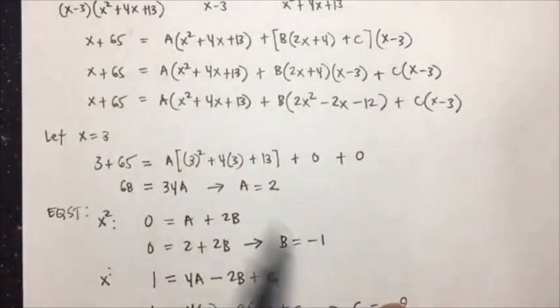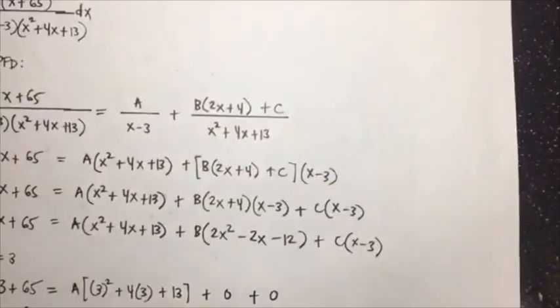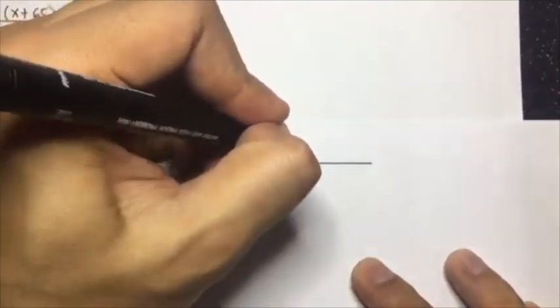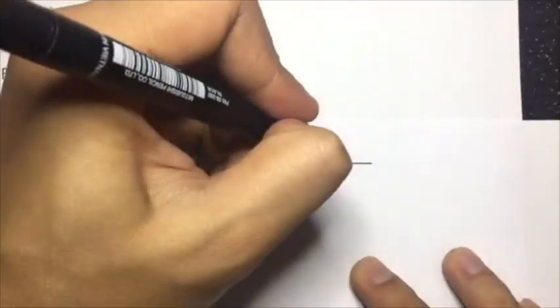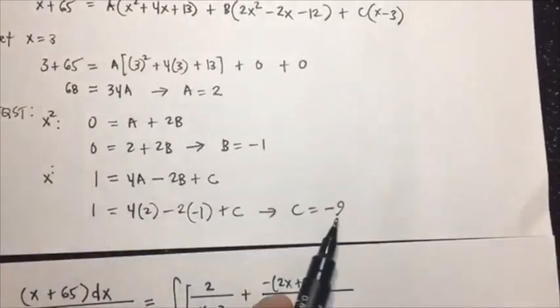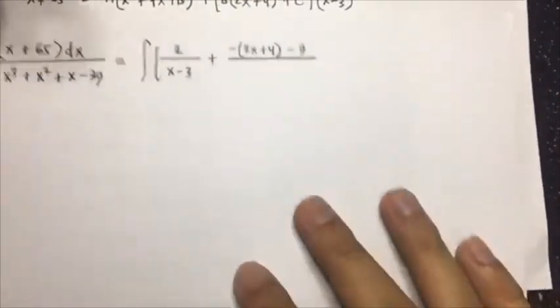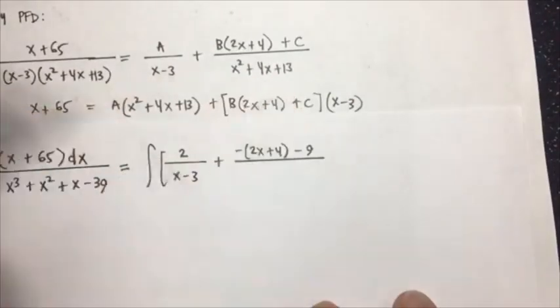So b is equal to negative 1. So negative 1 times 2x plus 4, so negative 2x plus 4, plus our c is negative 9. So minus 9 over x squared plus 4x plus 13.